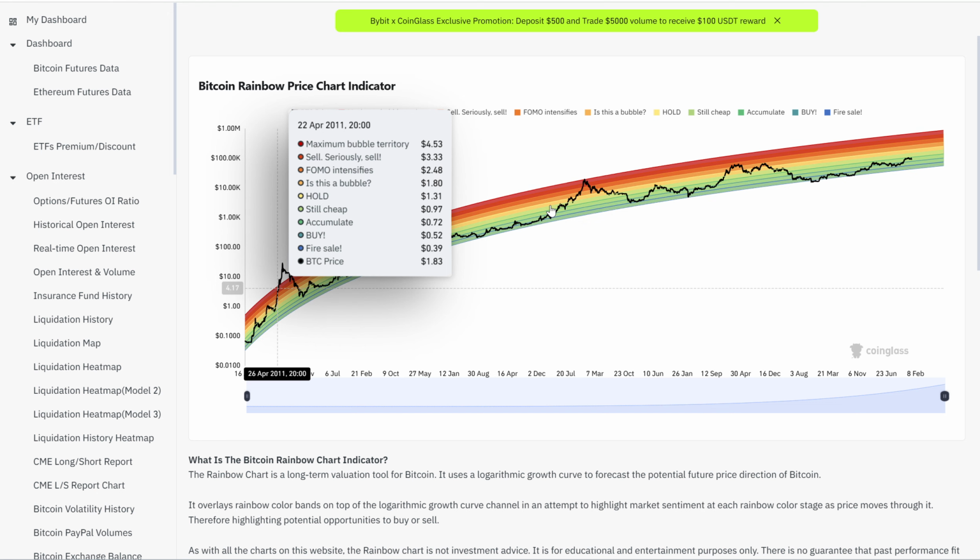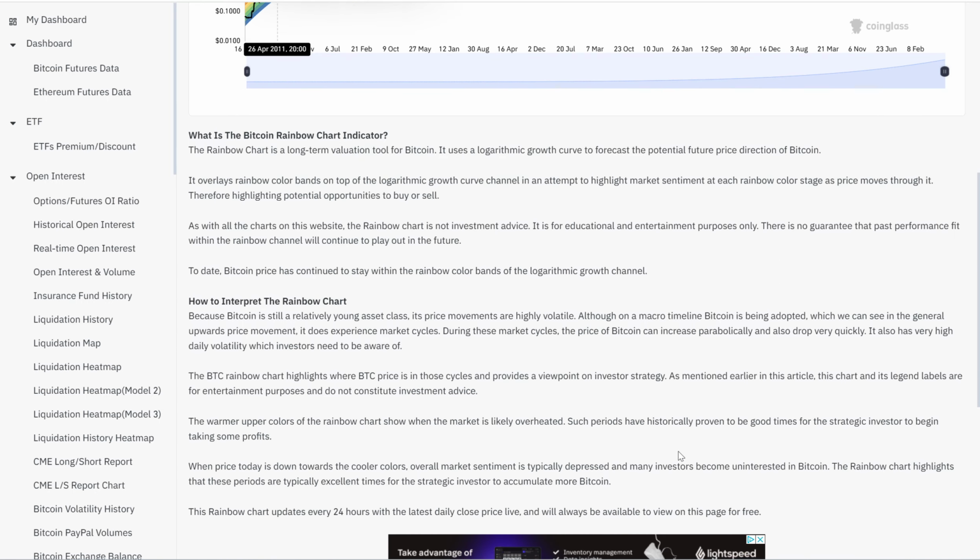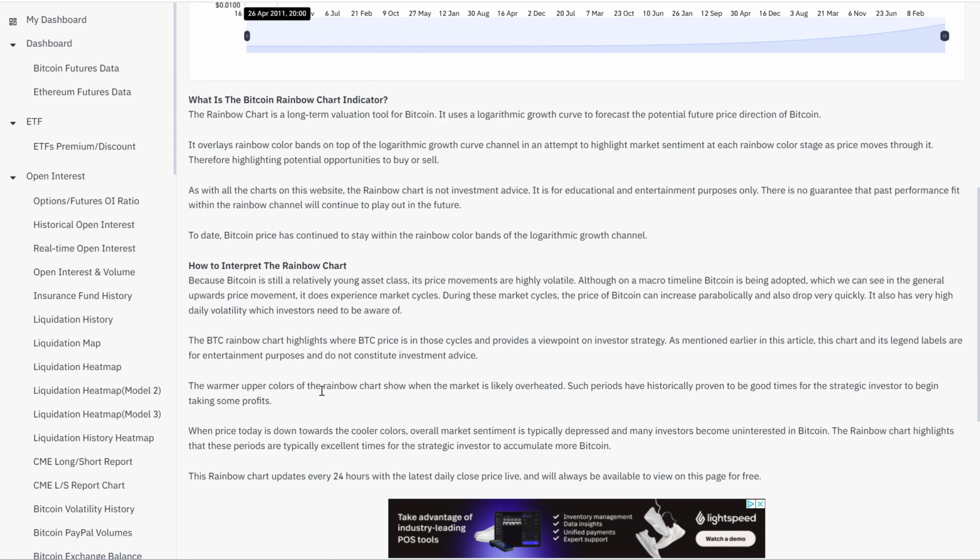It's stuck again. Well, anyways, you can see down here, we're down in the green area. We're nowhere near when it's overheated. If we come down here, you can actually read where it says, when the warmer colors of the rainbow chart indicate likely overheated, such periods have historically proven to be good times for strategists to begin take profits. When price is down is a good time for basically to buy.